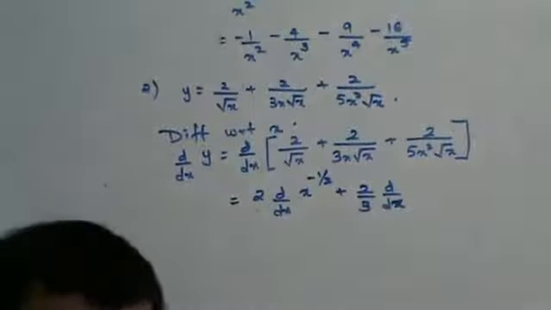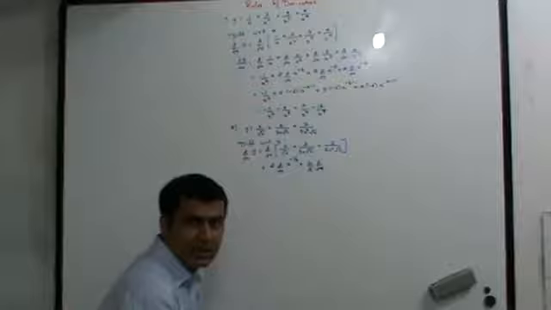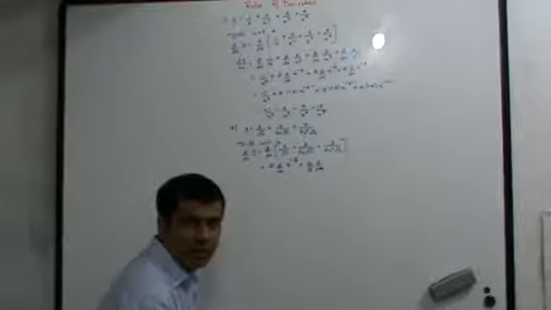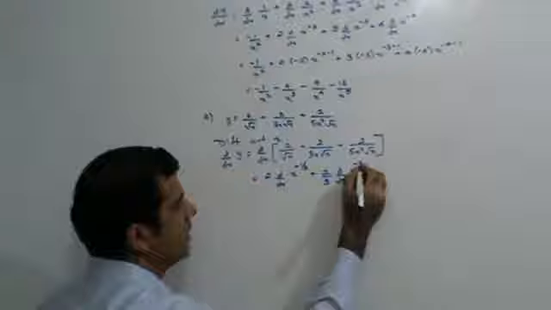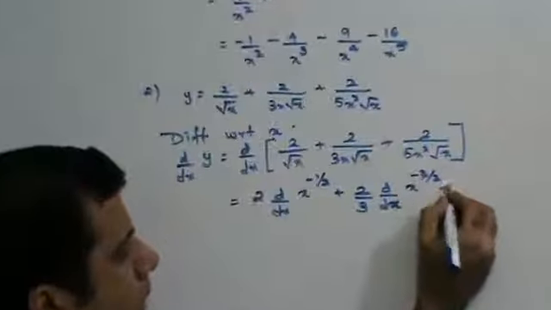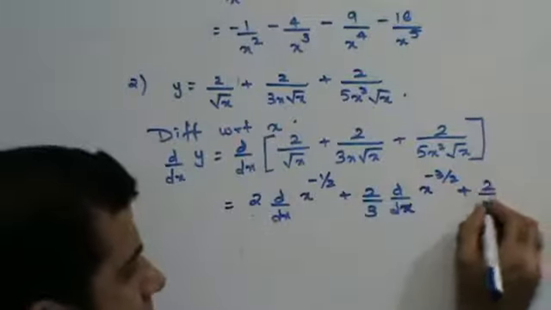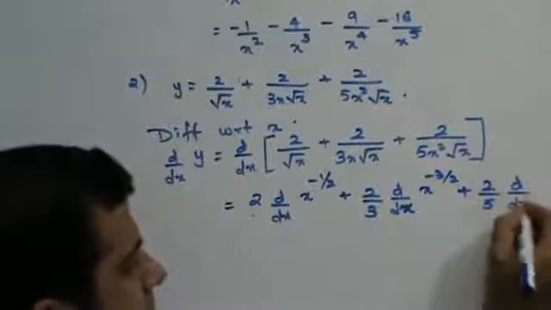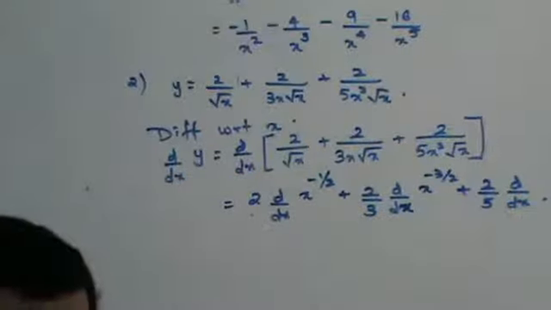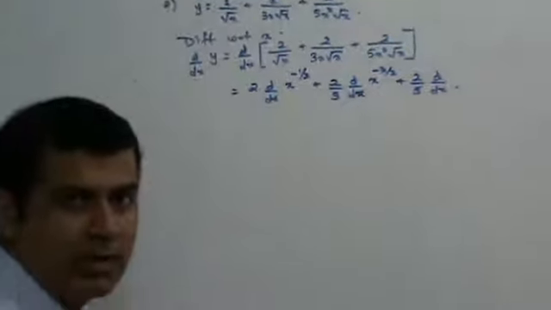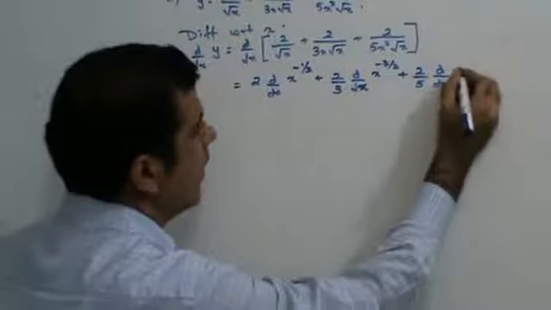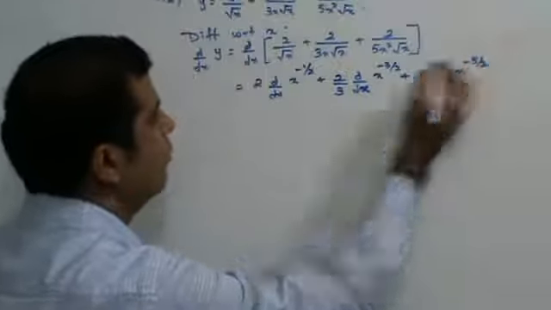X root x is nothing but x raised to 3 by 2. When I bring it in the numerator, it will become x raised to minus 3 by 2 plus 2 by 5 is a constant, d by dx x square root x is nothing but x raised to 5 by 2. When I bring it in the numerator, it will become x raised to minus 5 by 2.